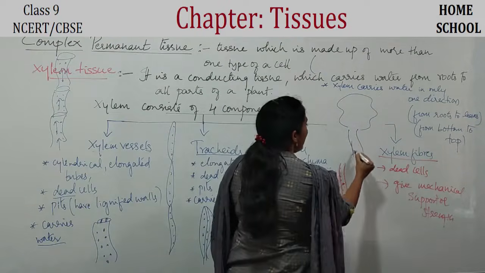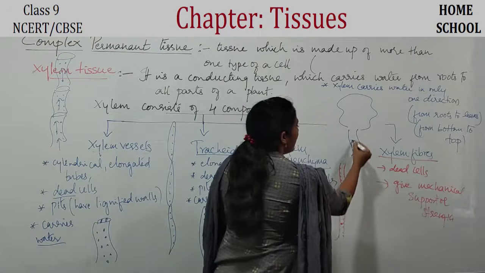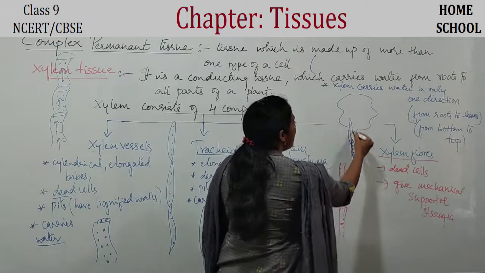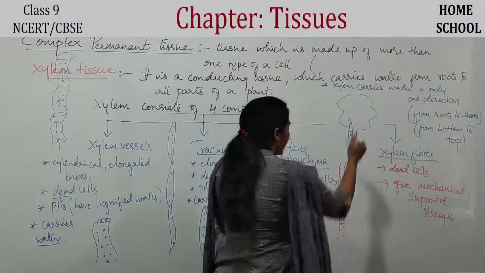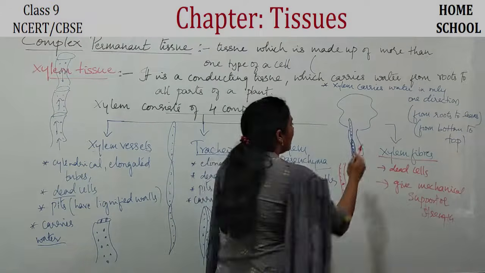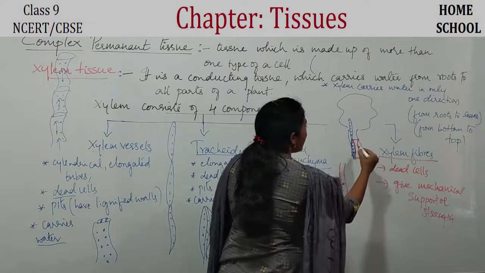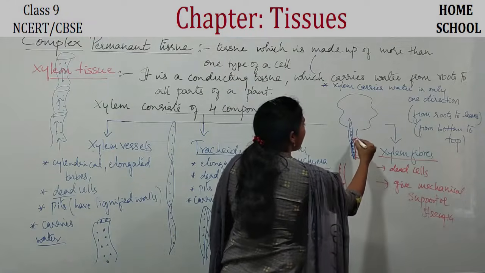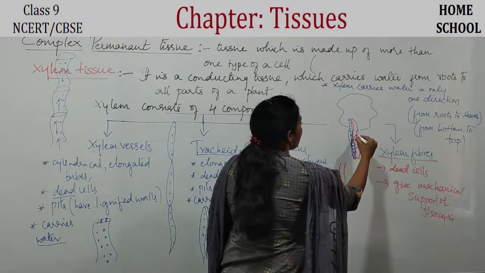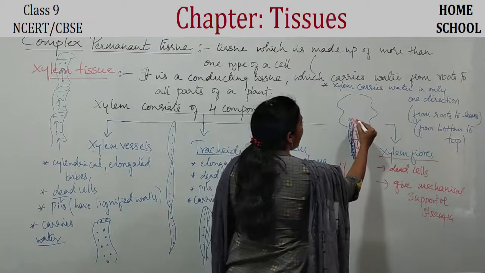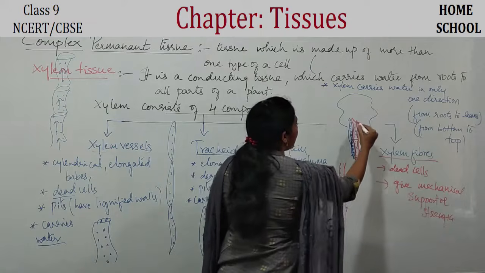So you know how the bundle is present. Say for example, one tracheid cell is there. Above this, one more tracheid cell is there. And after that, a xylem vessel would be there. See, this is a xylem vessel. Clear? Pits are there. This is another cell of xylem vessel. And now xylem parenchyma would be there.